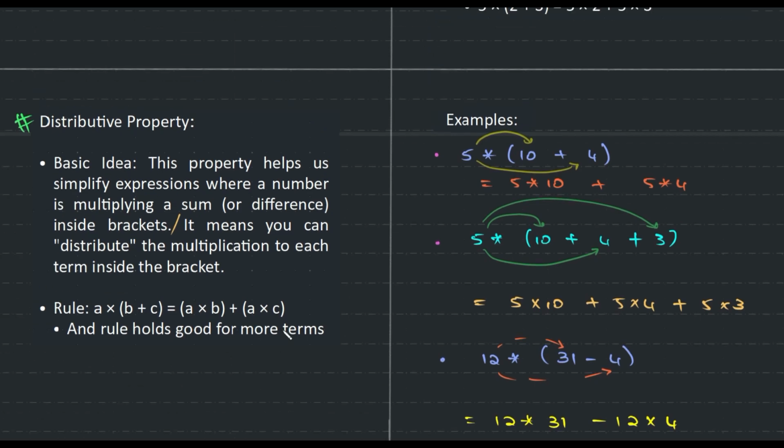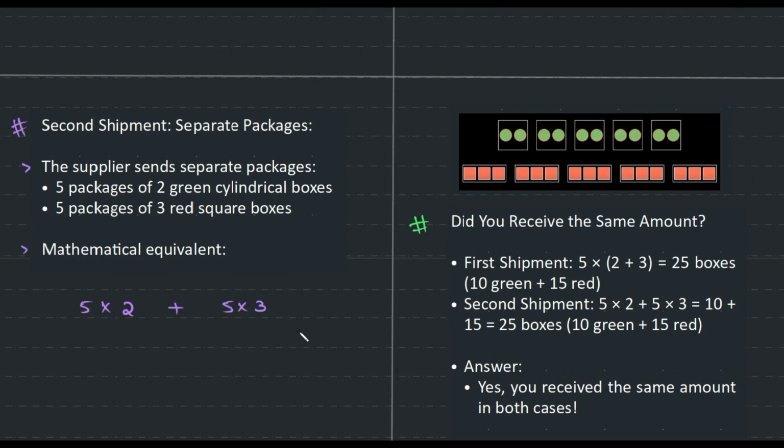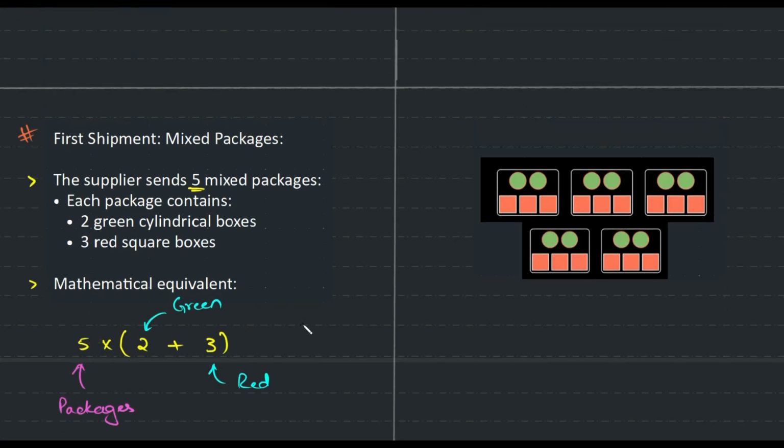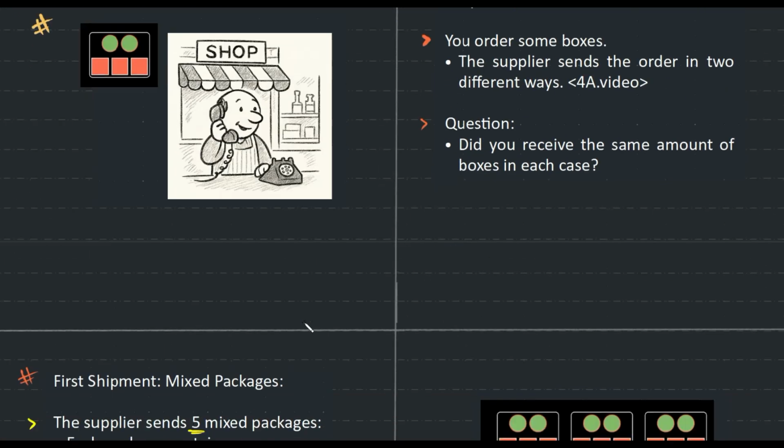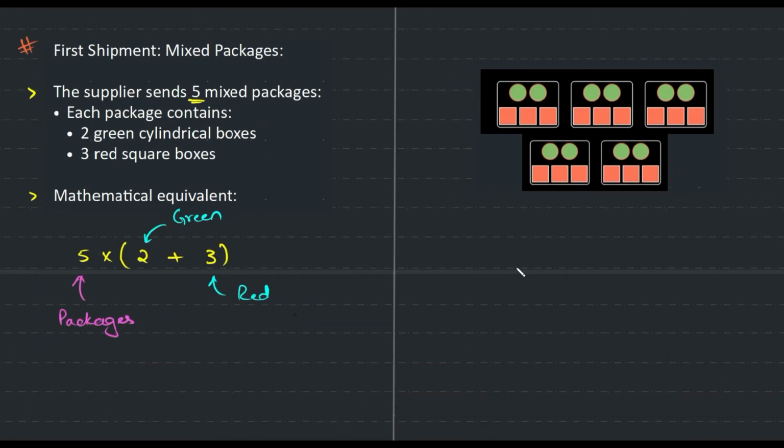Okay, so this is your distributive property. Let's go back to the video scenario. Here we are looking at 5 times of 2 plus 3. That is 5 packages containing 2 green boxes plus 3 red boxes. So the total number of boxes will be 5 times of 2 plus 3.